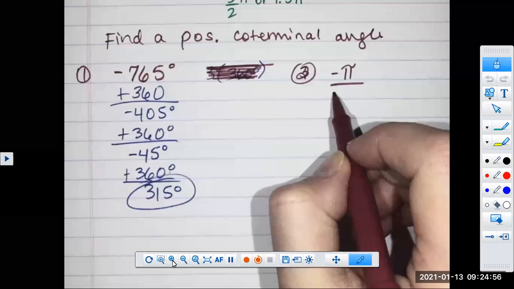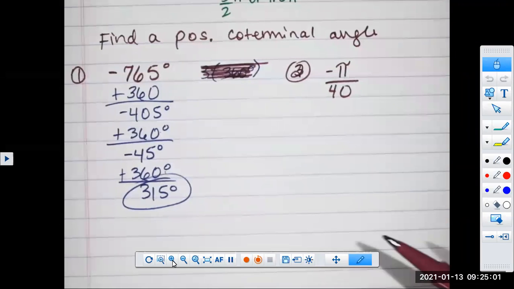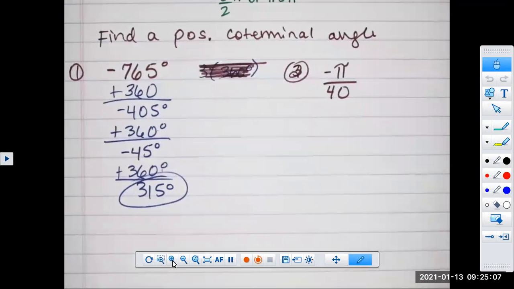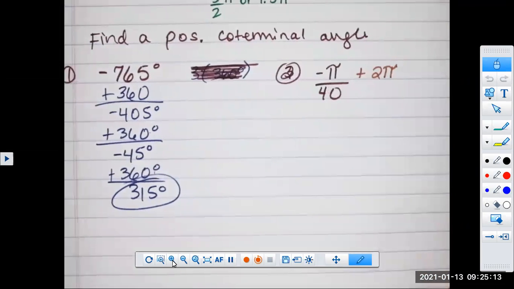Number 2, negative pi over 40. This is in radian measure. It's negative, so do you add or subtract 2 pi? Good, you add 2 pi. Find a common denominator.